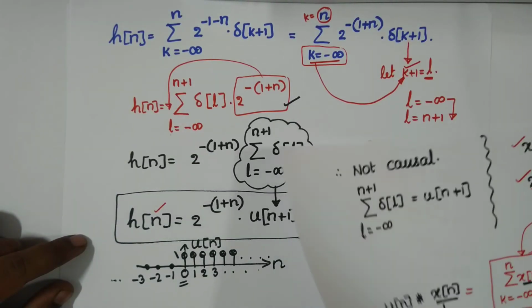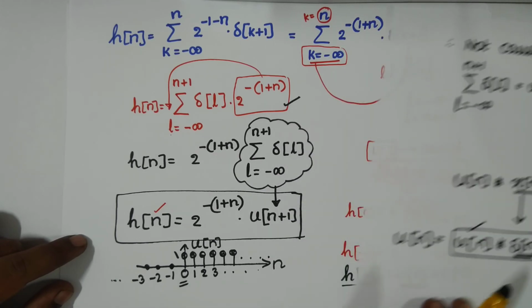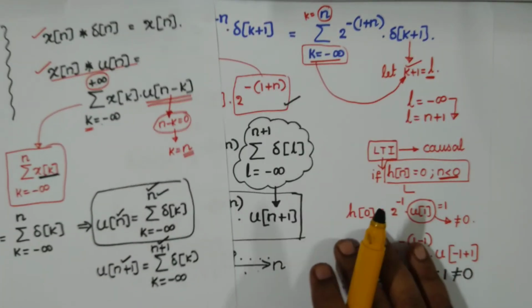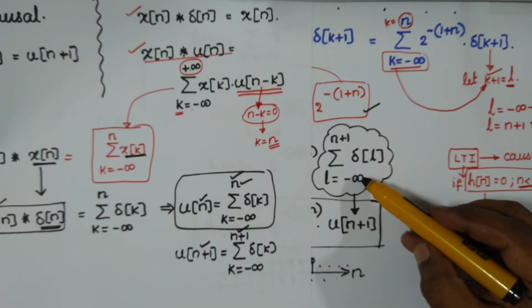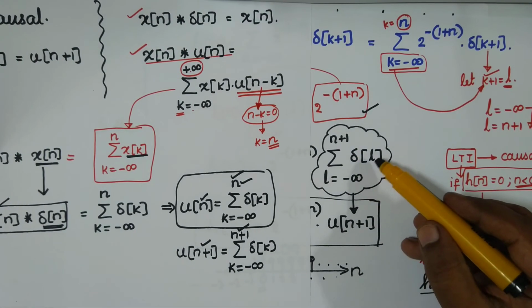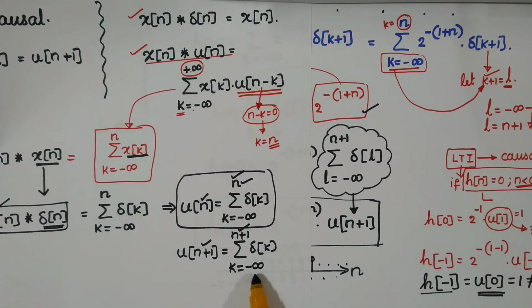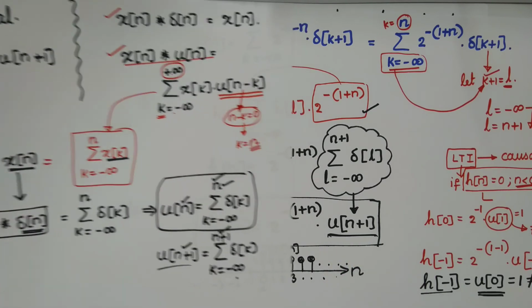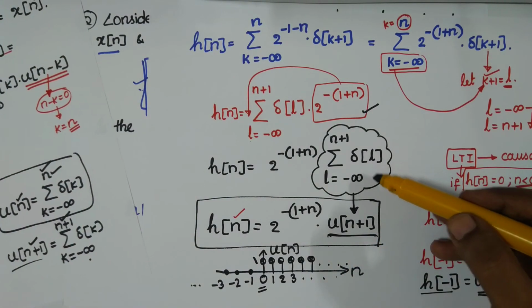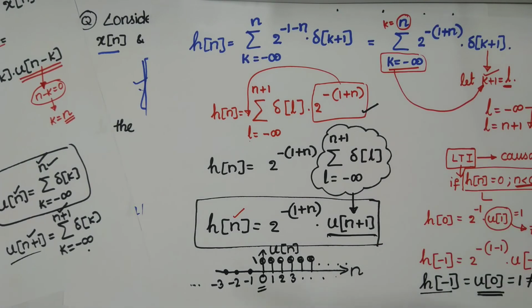So just compare these two: k equal to negative infinity to n plus 1 of delta of k. Both are equal to the same u of n plus 1. So this form is u of n plus 1.